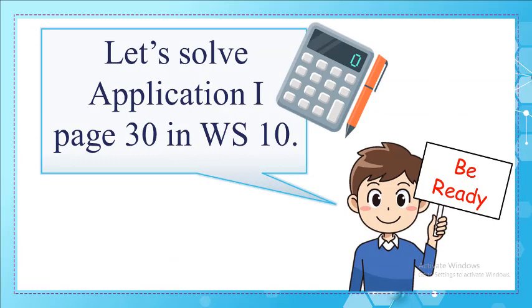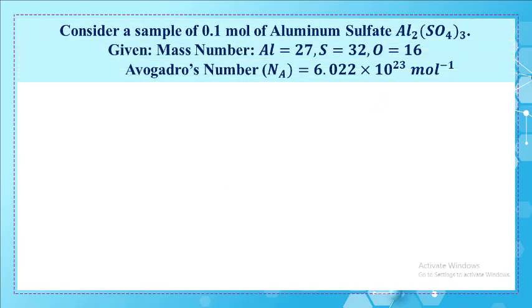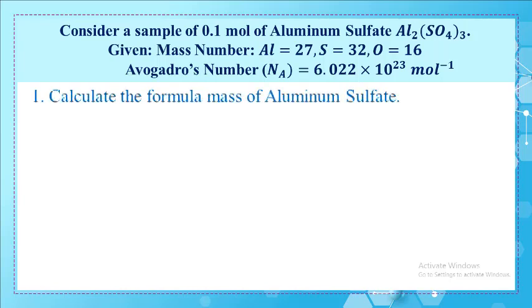Let's solve application 1, page 30 in worksheet 10. Consider a sample of 0.1 mole of aluminum sulfate. Given the mass number of Al, S, and O, and Avogadro's number is equal to 6.022 times 10 to the power 23 per mole. Calculate the formula mass of aluminum sulfate.